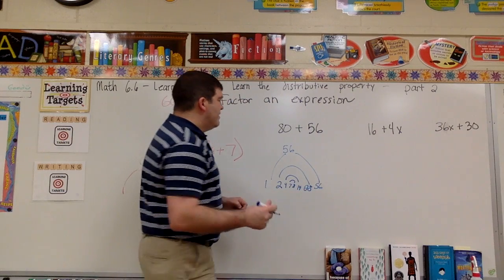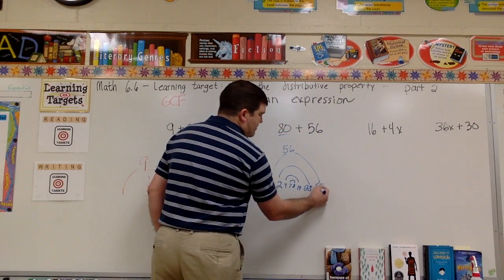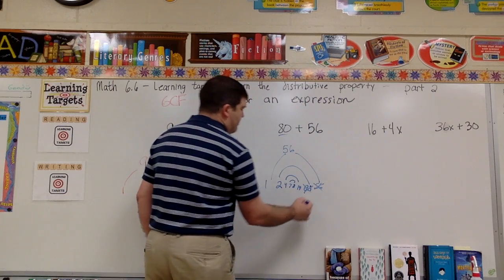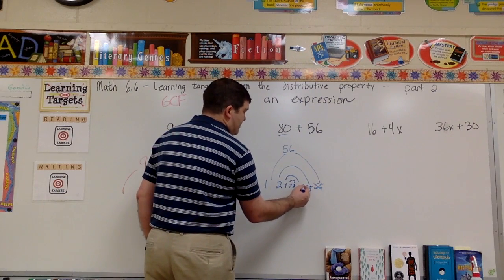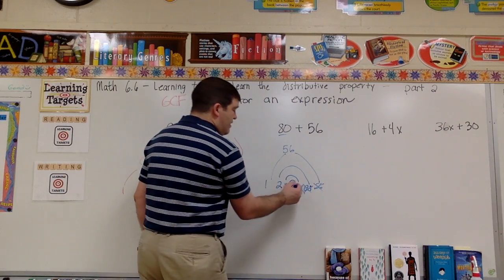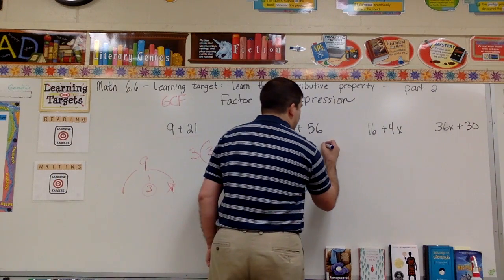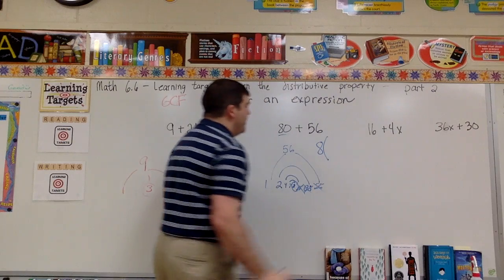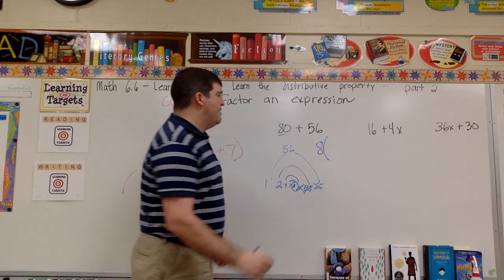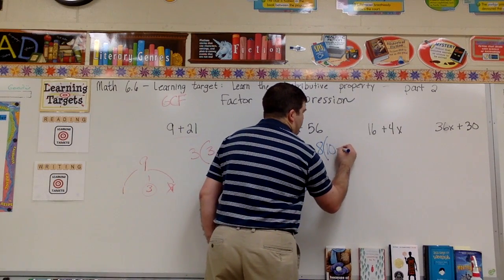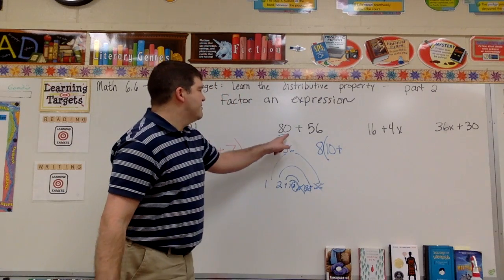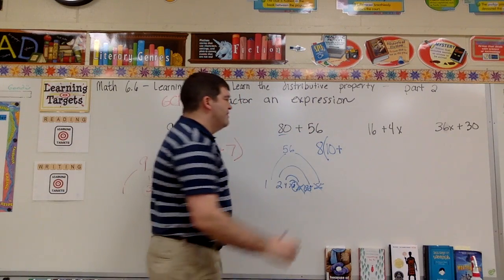So 56 has a lot of factors. I got them all. Now, which one goes into 80? Does 56? No. Does 28? No. Does 14? No. Does 8 go into 80? Yep. There's my greatest common factor. So I'm going to do 8 here. How many times does 8 go into 80? 10. Plus, how many times does 8 go into 56? 7.